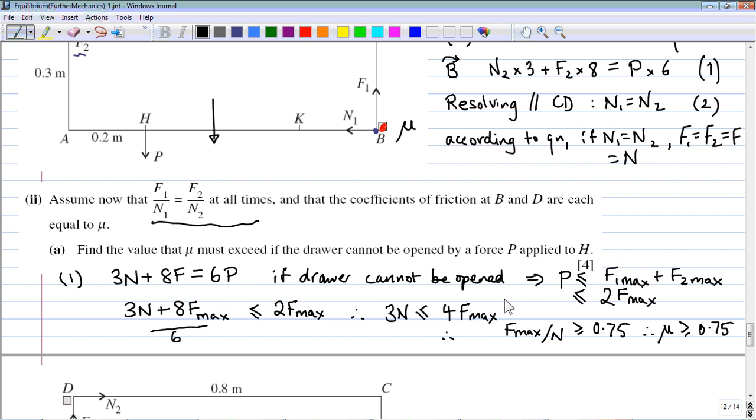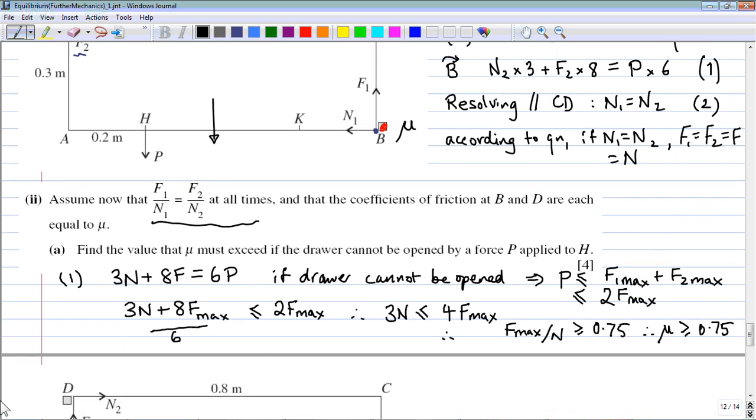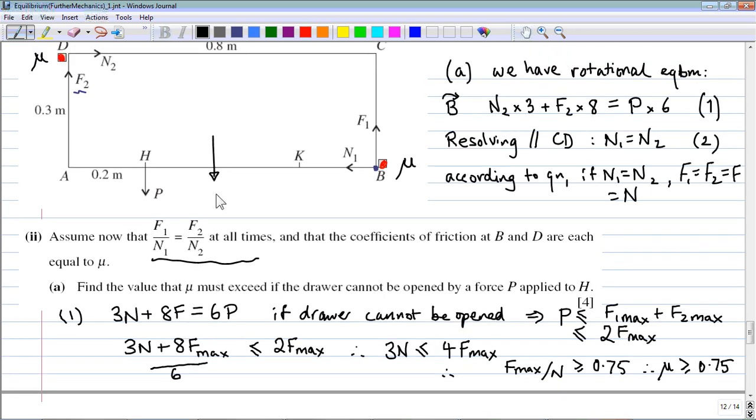So let me just review that again because I got a bit confused in the middle there. First we had equation 1, which was simply rotational equilibrium. Then we recognised that n1 is equal to n2 and f1 is equal to f2. So we've just really got two quantities, f and n. And then we say if the drawer cannot be opened, it means that we cannot get a positive net force downwards on this diagram, which means that P must be less than or equal to F1 plus F2.